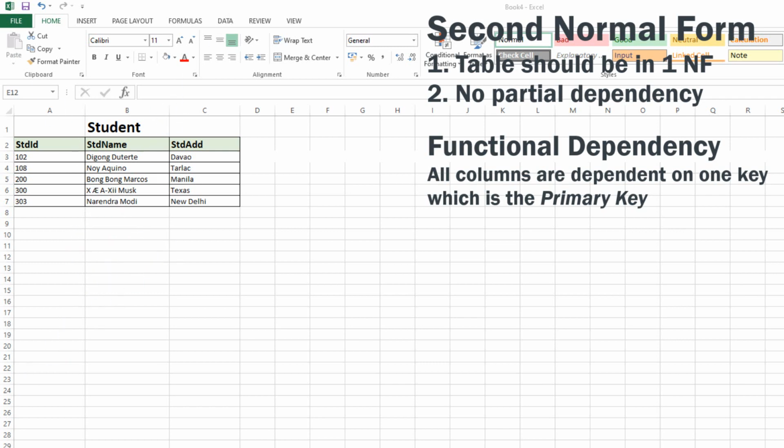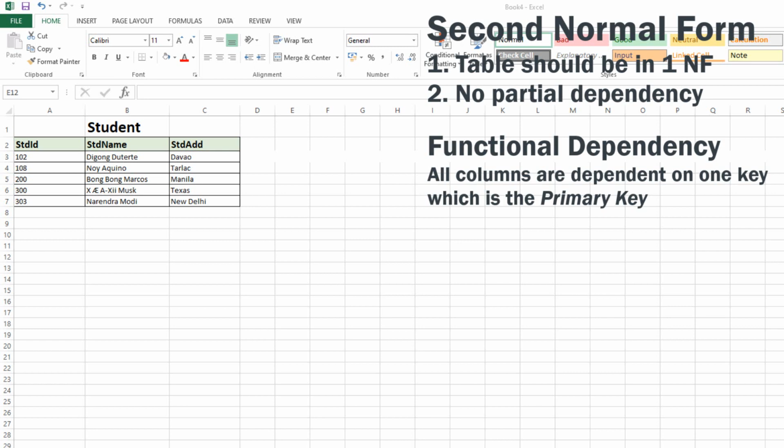Coming back to functional dependency, it says all columns are dependent on one key, which is the primary key. In this case, the attribute student name, Digong Duterte, has to be dependent on student ID. It cannot be on its own. The same thing with the student address, let's say Davao.